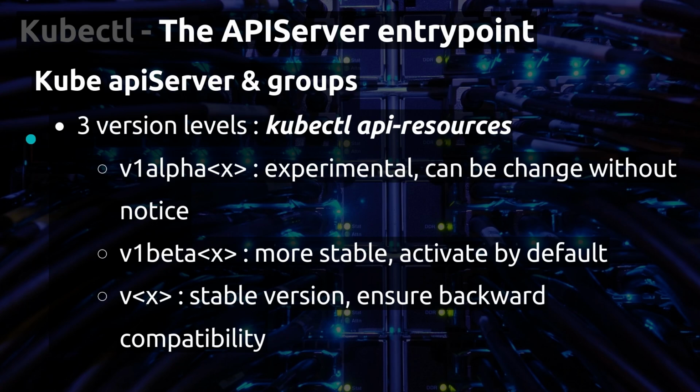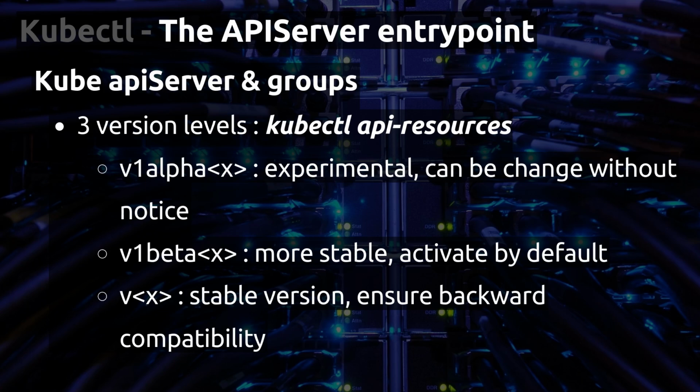And then after the group names, it's like a matrix. We have the level of these API groups, and for each API group we have v1alpha1, 2, 3, etc. V1alpha is for experimental API, or sub API if you prefer. Experimental means that the developers can change this API without notifying everyone.